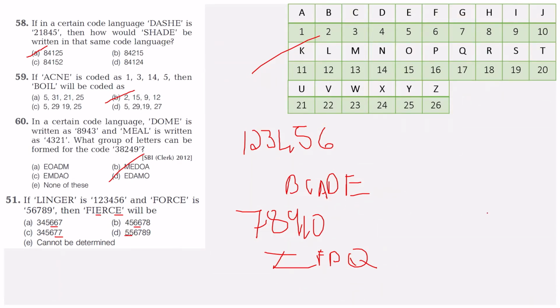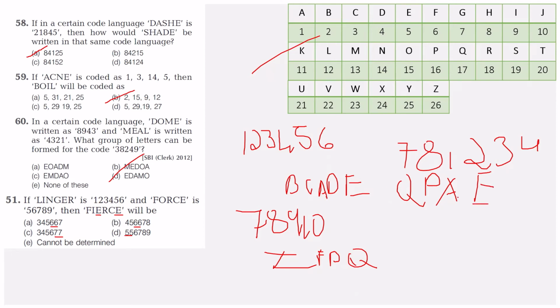But in the answer, in the first question, more patterns will be there. Like again, they'll be giving 7, 8, 1, 2, 3, 4. 7 stands for Q, 8 for P, 1 for A, 2 for E, 3 for B, and 4 for C. This is the third statement there.